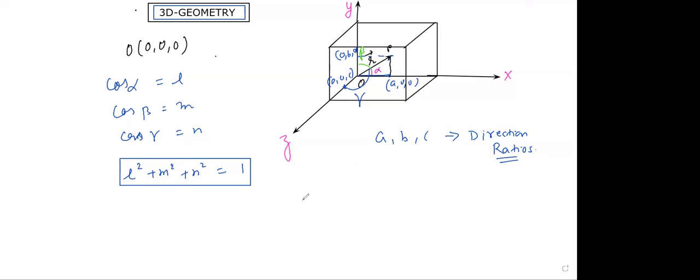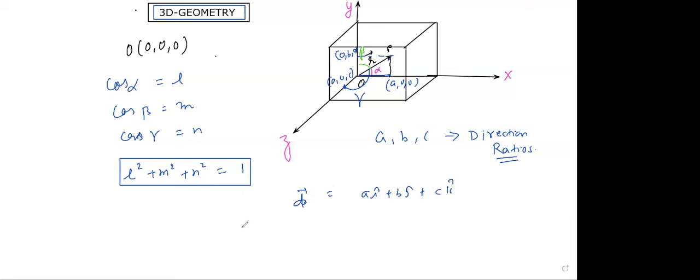Suppose we have a direction vector. Let's say direction vector D is a i cap plus b j cap plus c k cap.